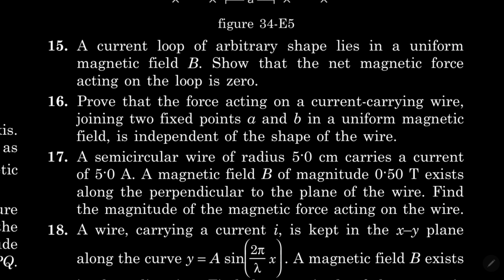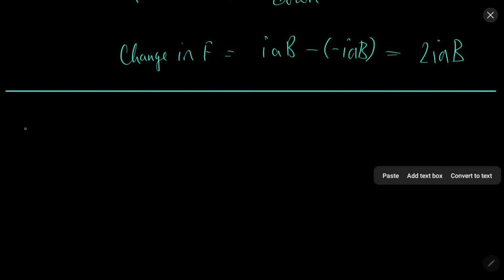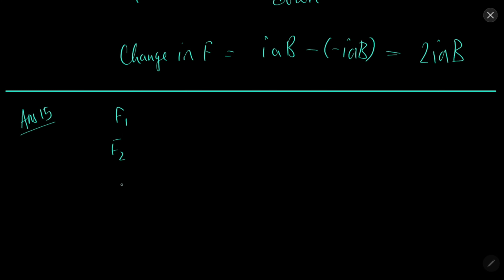In 15, show that net magnetic force acting on the loop is 0. Solution 15. So the forces are F1 to F4, on AD, BC, CD and AB.